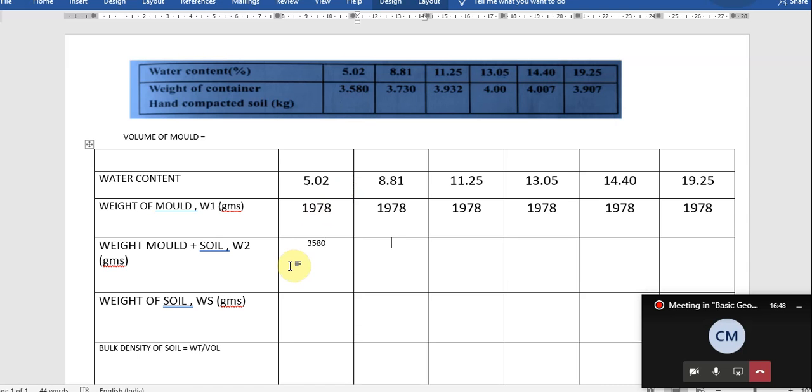Second trial, 3,730 grams. Third trial, 3,932 grams. Fourth trial, it is 4 kg, meaning 4,000 grams. Fifth trial, it is 4.007, that is 4,007 grams. And for the last trial, it is 3,907 grams.